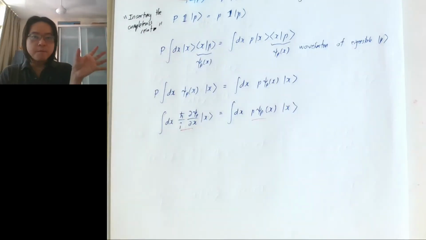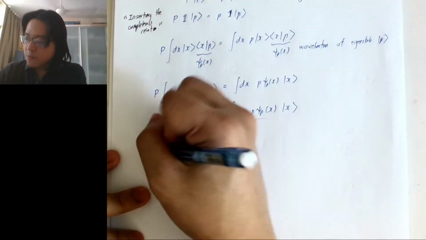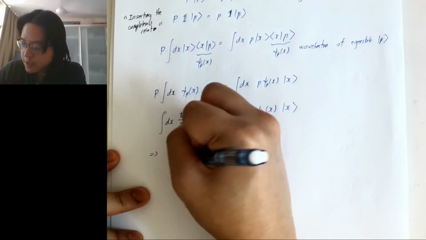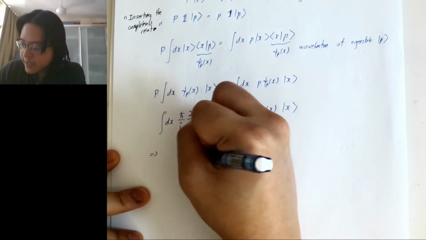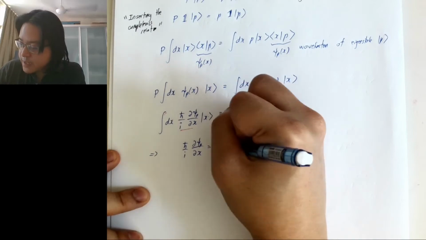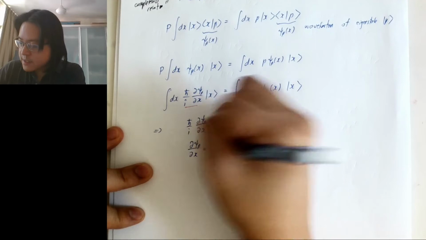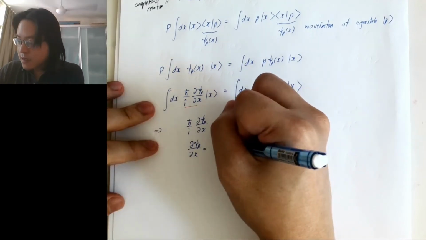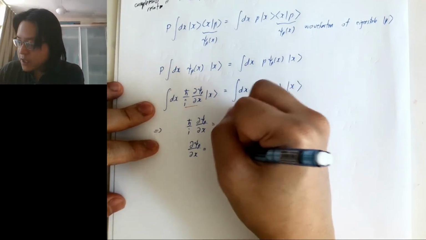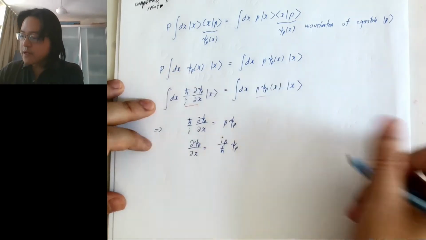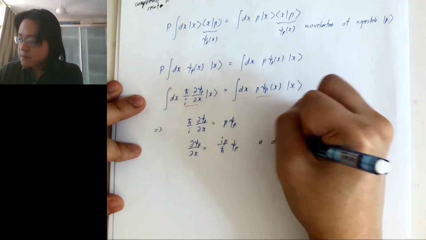So comparing left hand side to right hand side, we come to the conclusion that h bar over I d psi dx is equal to P times psi, or we find that d psi dx is equal to I P over h bar psi. Okay, so this is a differential equation.